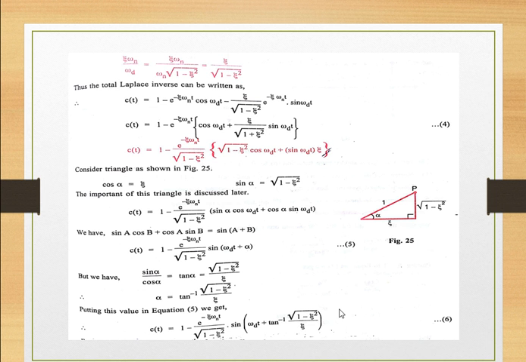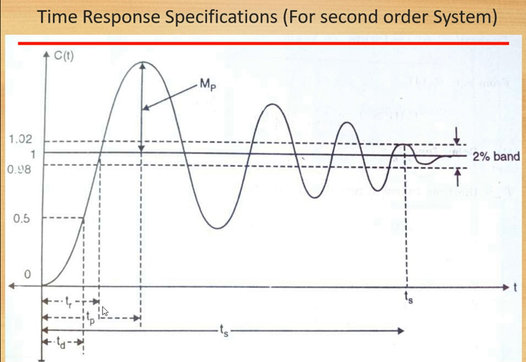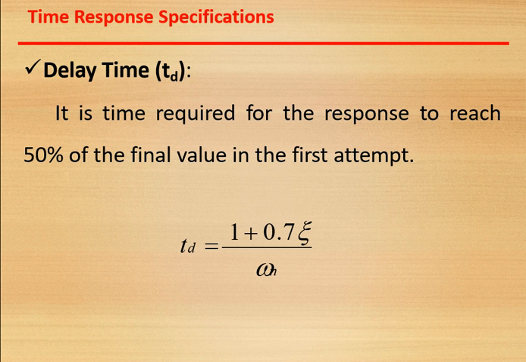That's why I have taken this equation in depth, so that you can calculate these parameters on your own. Otherwise, if we get time, we will see how to derive these parameters, but right now I will explain the definitions so that you can understand them, and after that you can derive the equations. So let us first see the time response specification, that is the delay time.